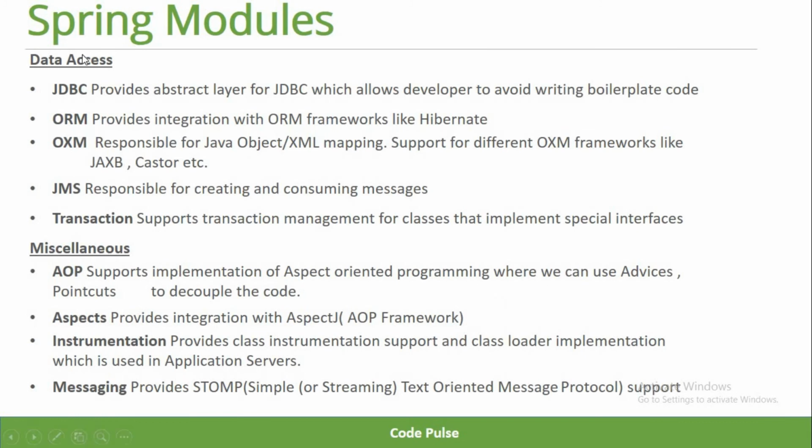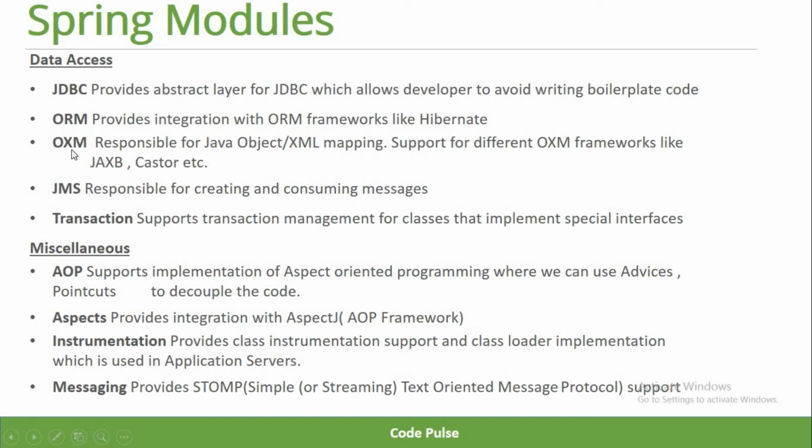Next we have data access. In the case of data access, we have JDBC, which provides an abstraction layer for JDBC, allowing developers to avoid writing boilerplate code. As I told you, it is not required to write the code for creating and closing the connections. This boilerplate code is not required. Okay. ORM provides integration with ORM, object relation mapping.